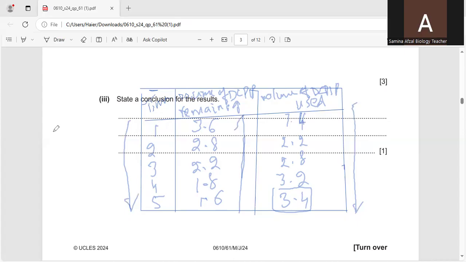The volume used is increasing and the time is also increasing. So we will write this conclusion in the given space.